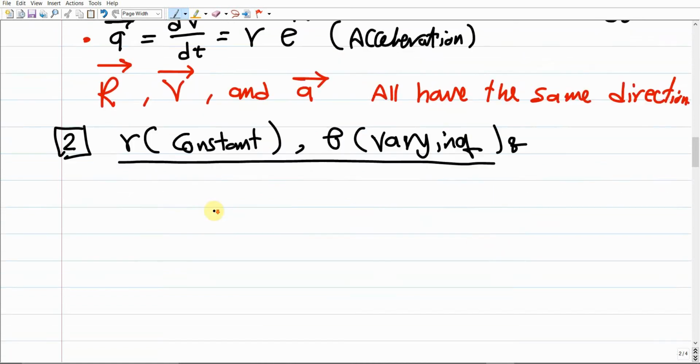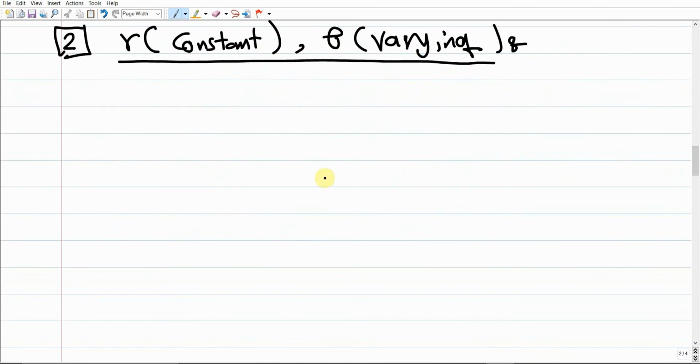A very good example of this case is a link that rotates about a fixed point. You have a link and a fixed point that belongs to this link, and this link is just rotating in this direction or the other direction, it doesn't matter.